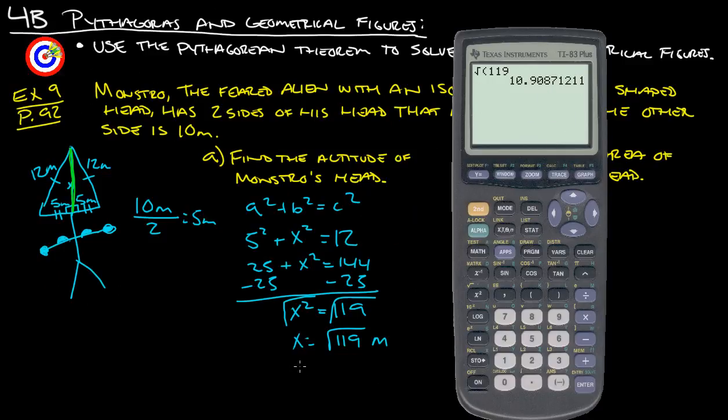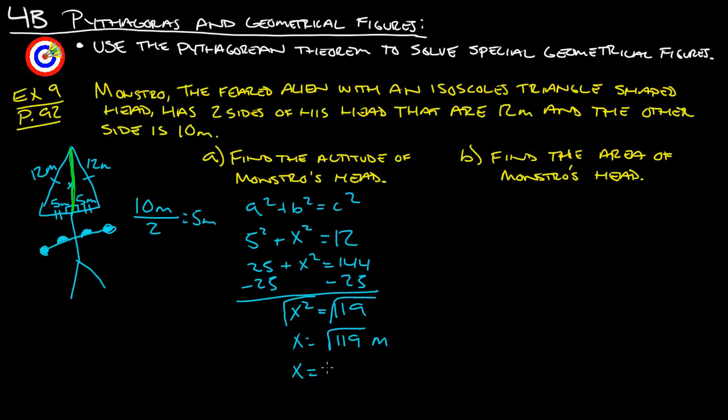We get 10.908, so let's call it x equals 10.9 meters. A little equal sign with dots above and below means approximately. So the altitude of Monstro's head is approximately 10.9 meters.